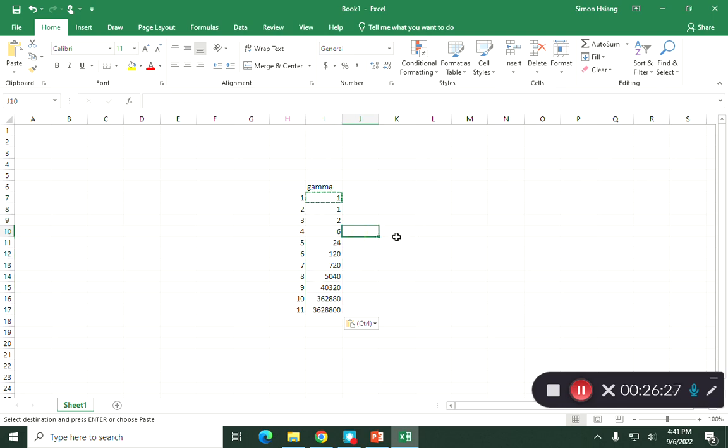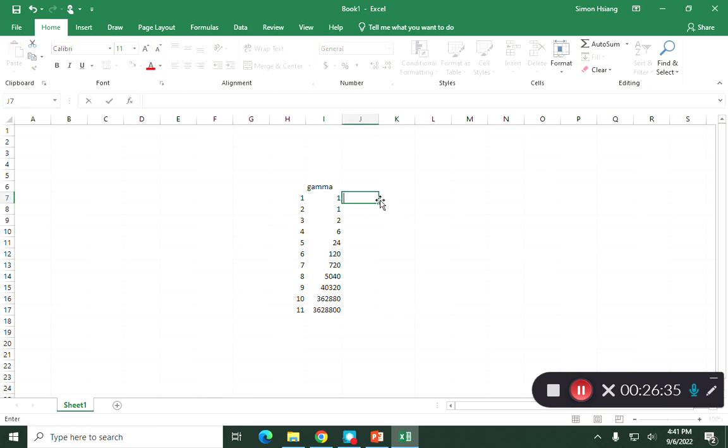The simplest way to show what the gamma function is, for an integer: this is my k value. So the gamma function is really k minus 1 factorial.